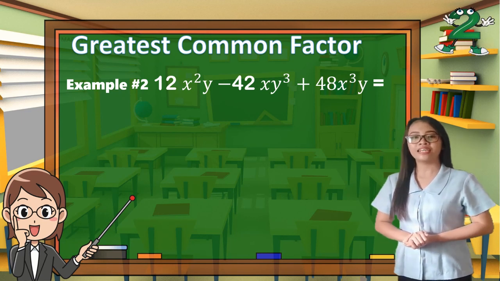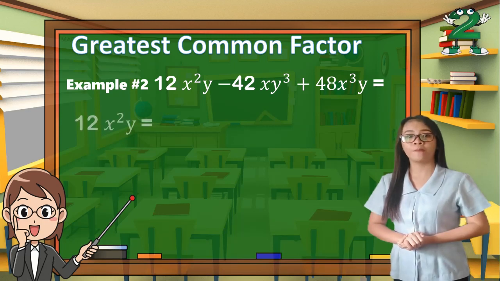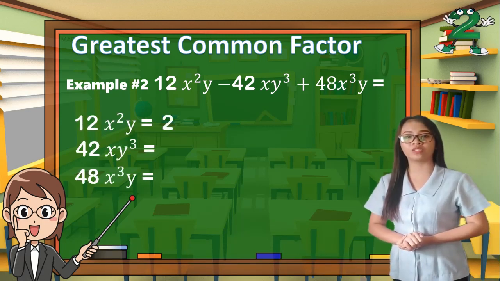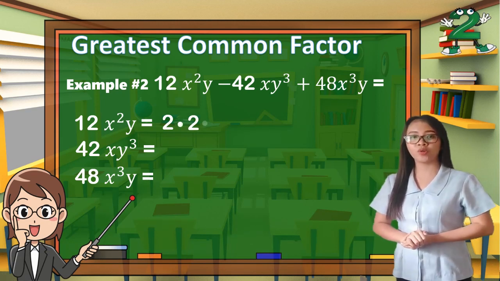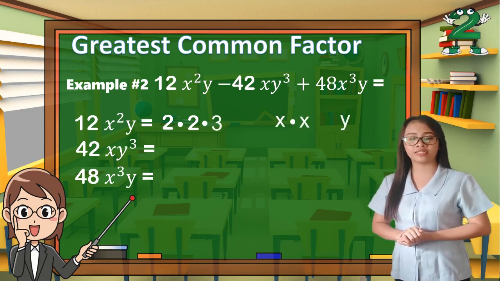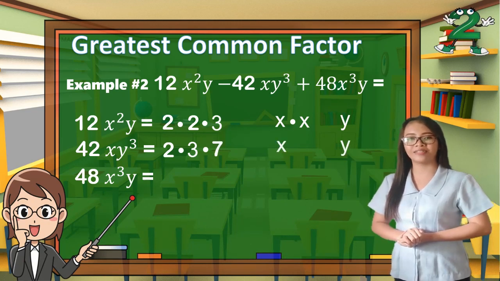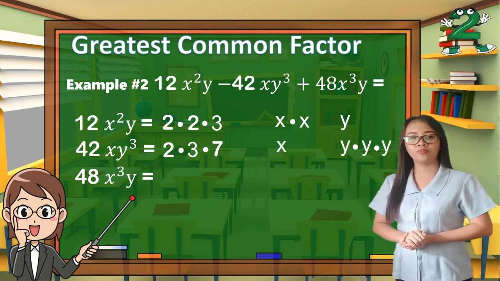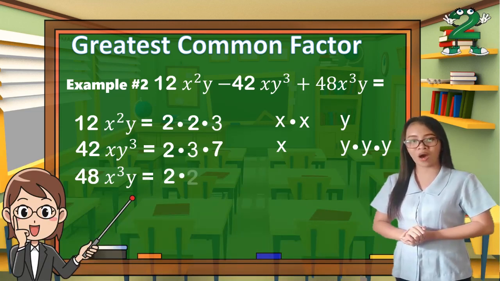So now, let's proceed to our second example: 12x squared y minus 42xy cubed plus 48x cubed y. First step, we enumerate the prime factors. 12x squared y can be expressed as the product of 2 times 2 times 3 times x times x times y. 42xy cubed is 2 times 3 times 7 times x times y times y times y.